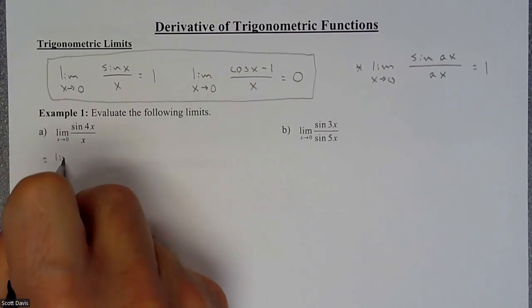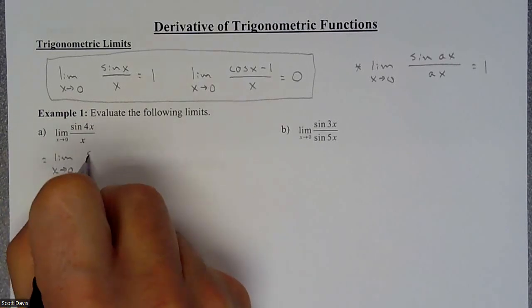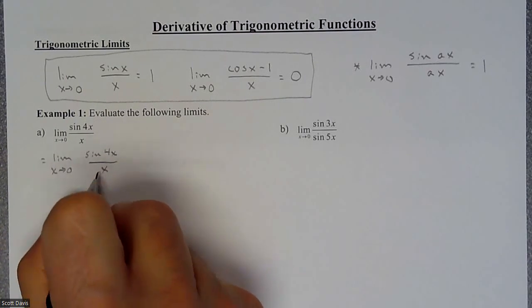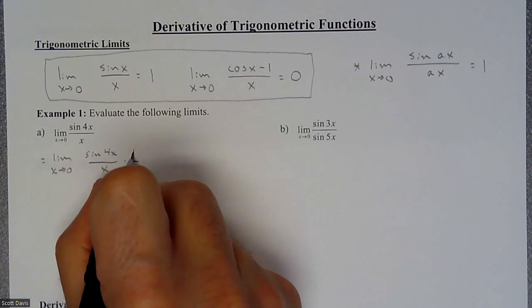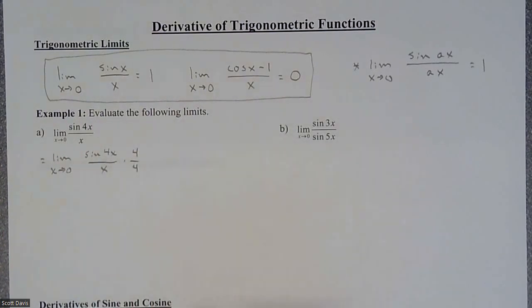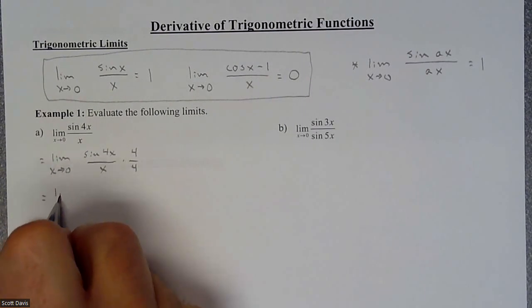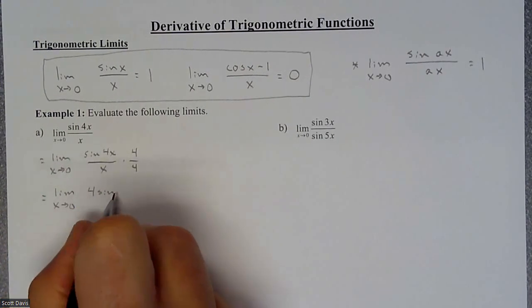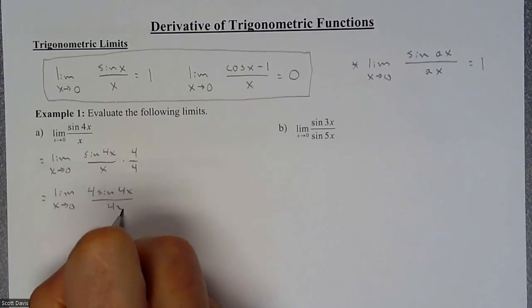So if we're doing the limit as x approaches 0, and our original problem is sine 4x over x, if I want a 4 on that, I'm going to multiply it by 4. But I also have to multiply the top by 4, because technically I'm multiplying by 1. So if I rewrite that, I'm looking at the limit as x approaches 0 of 4 sine 4x over 4x.